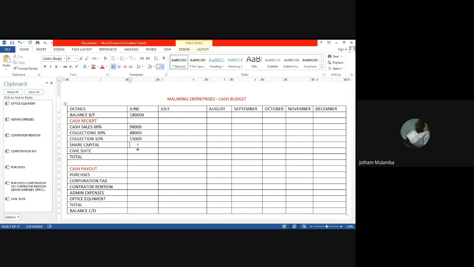And the first call of 40,000 will be received in October 2016. In October. So that means we are not going to receive this money here. We can close until October so that we don't keep on referring to that additional information. So once we get to October, we'll fill in that particular information.